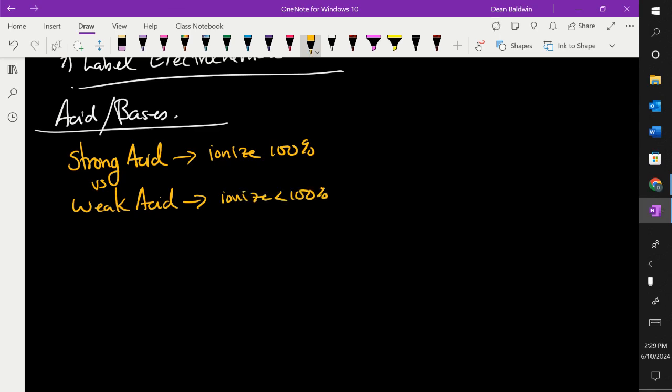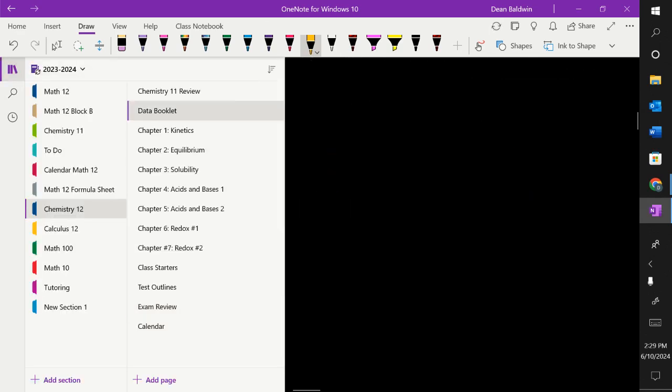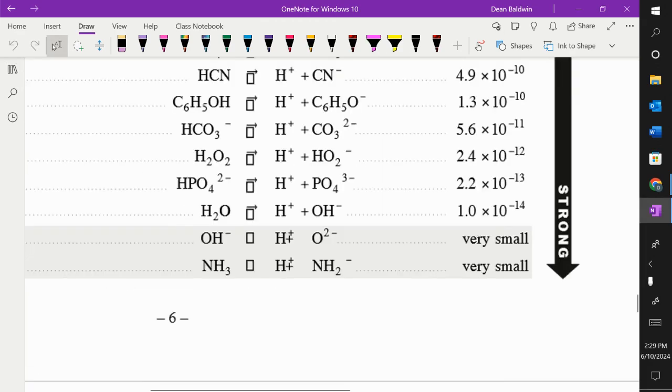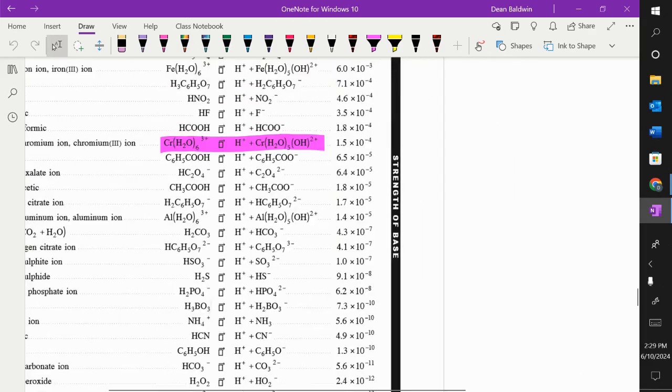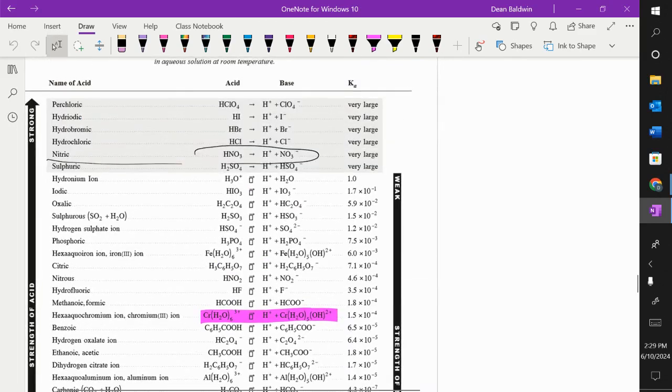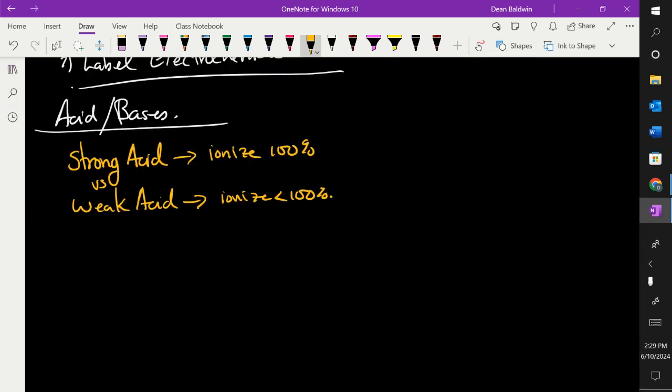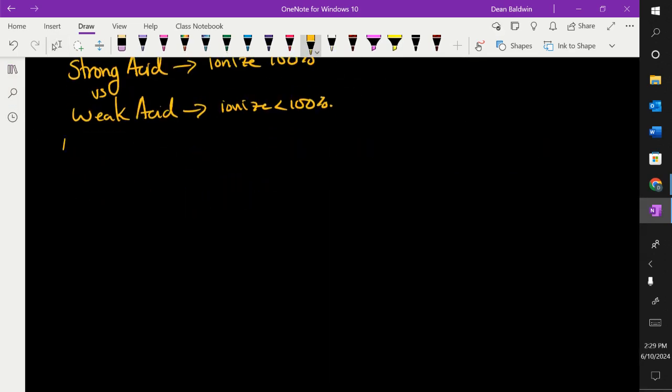A weak acid is less than 100. It's usually way less than 100, and it's in your data booklet, which you will get on the test. All the stuff up here ionizes 100%. Everything else is less than that, and quite a bit less than that. Okay.